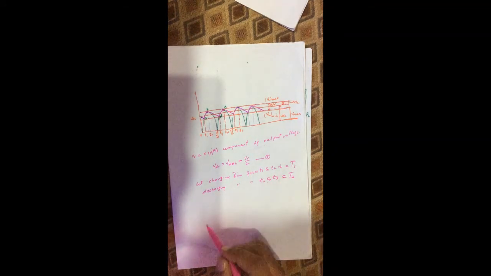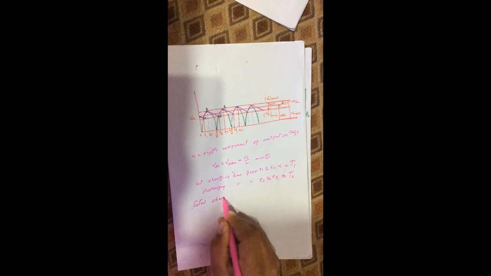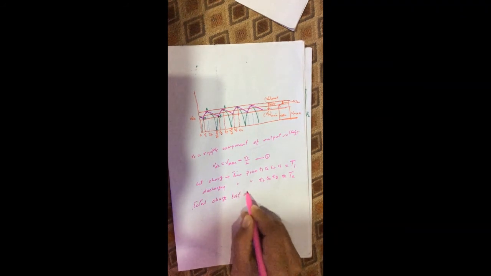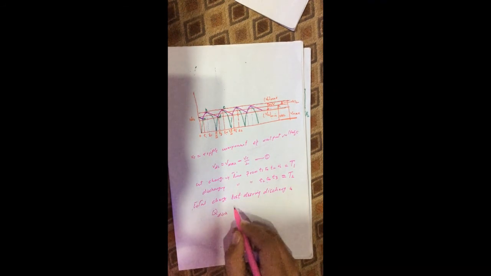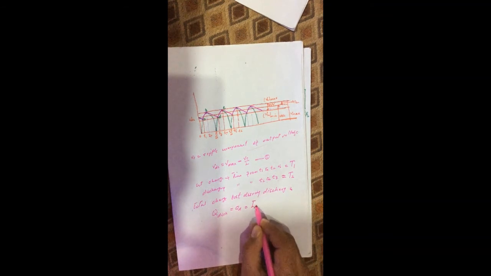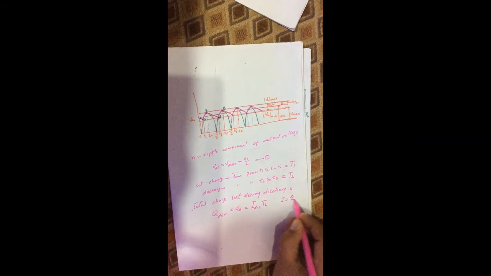So the total charge lost during discharging, I simply represent by QD, is equal to the current flowing through the load resistance times T2, because we define current as charge per unit time.